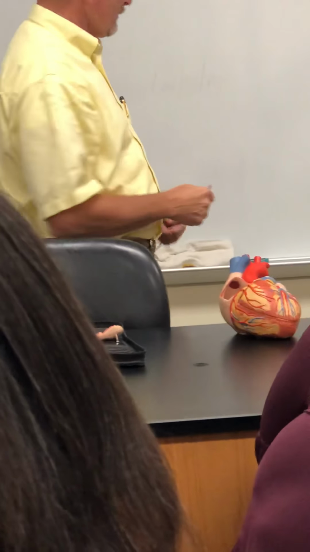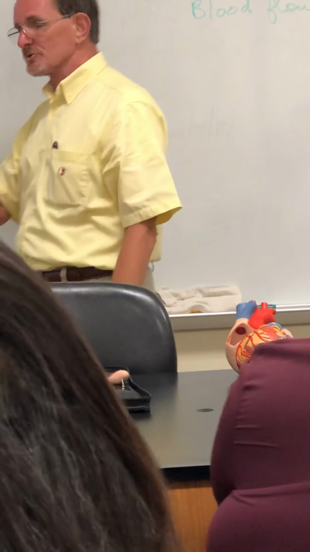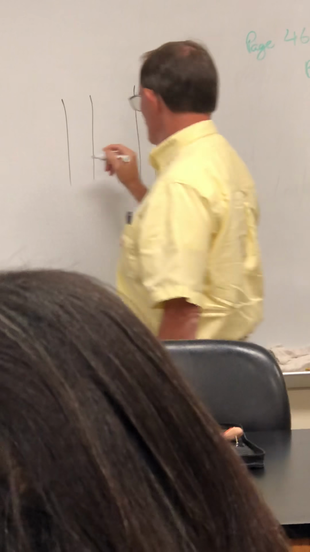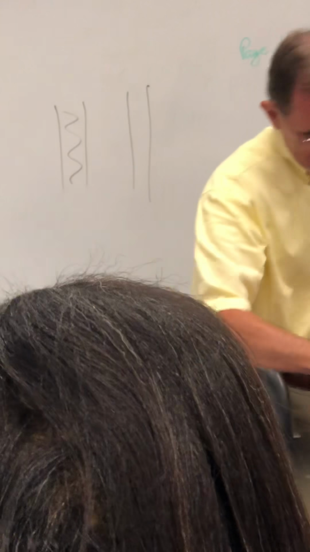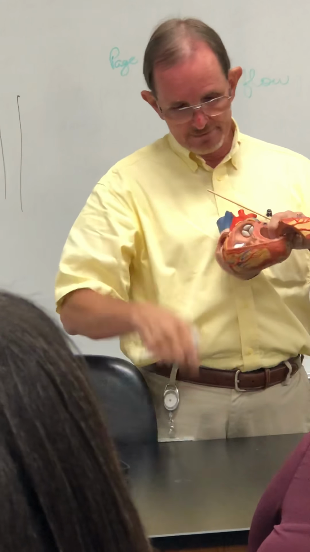Endocardium, myocardium, and pericardium. That's just the three layers of the heart. We'll see this better in the lecture class, but I'll go ahead and do the thing. Endocardium is the innermost layer of the heart. You've got to be careful about this because these guys have got names.